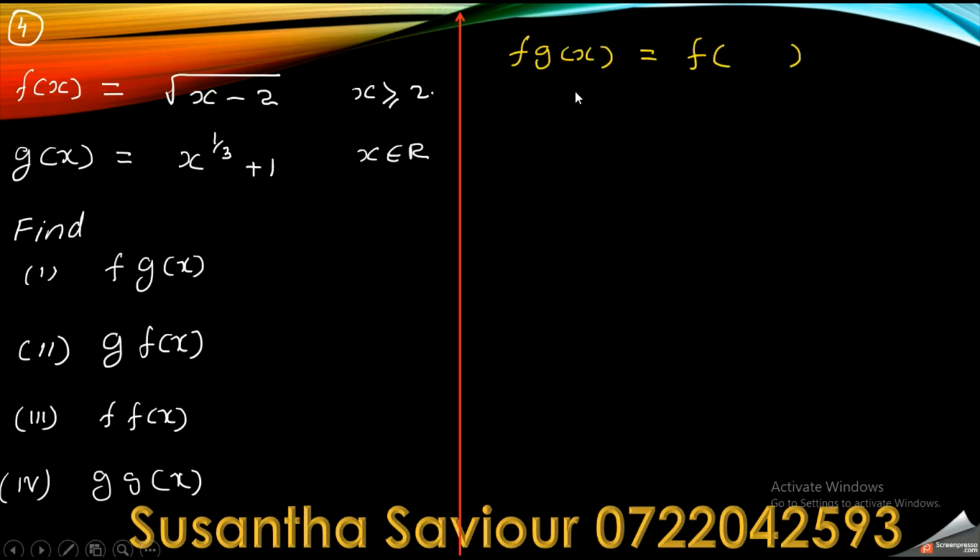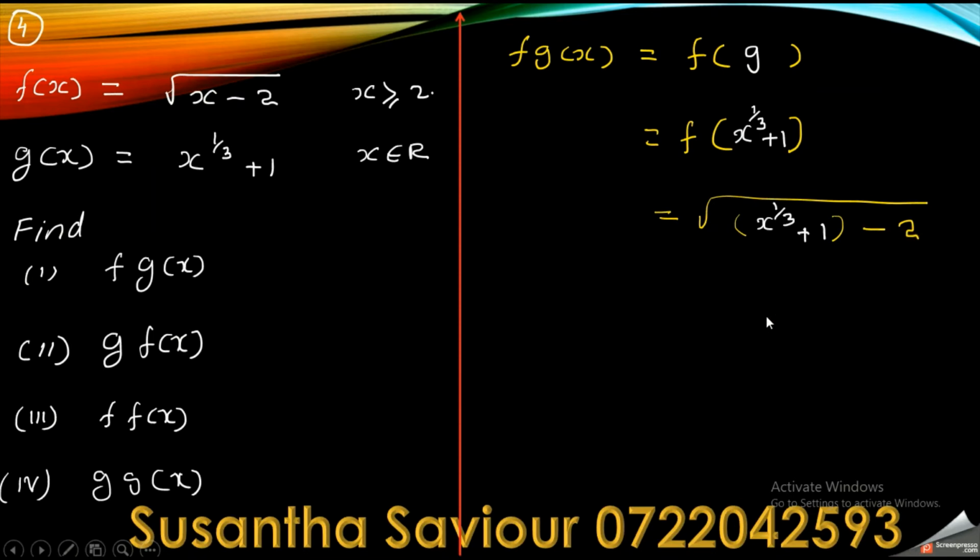Then f(g(x)), inside the function f you apply g, right, and then instead of g you write x to the power 1/3 plus 1. Then inside the function f, x is replaced by x to the power 1/3 plus 1, and then minus 2.